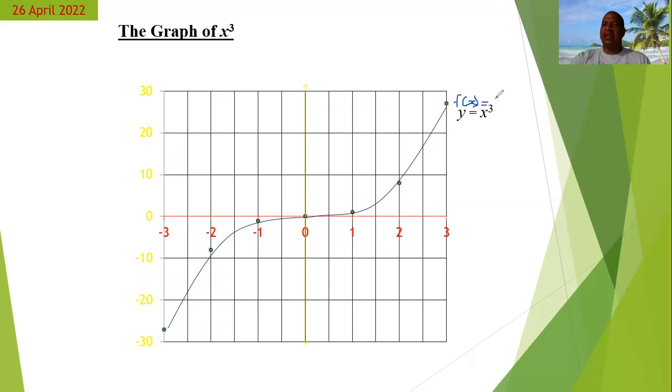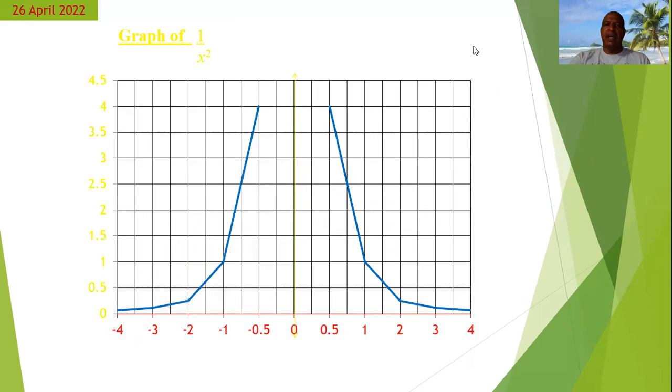All right, so this would be the formal way of saying that this is a function. Here now we have a graph of 1 over x squared. And so this is how the graph of 1 over x squared looks. All right, so you just have to become familiar with it.